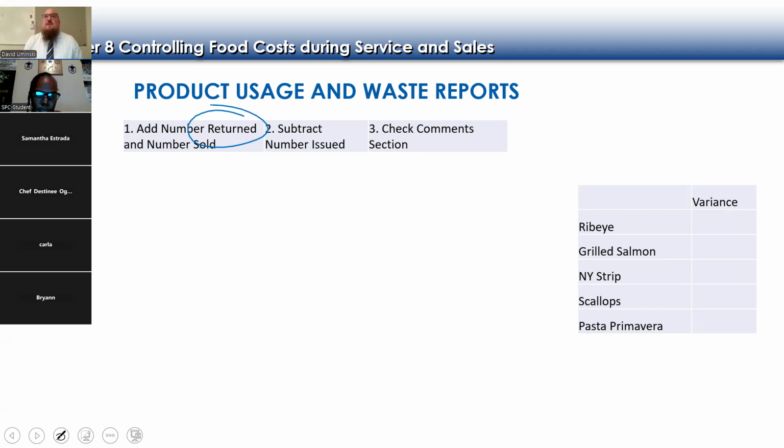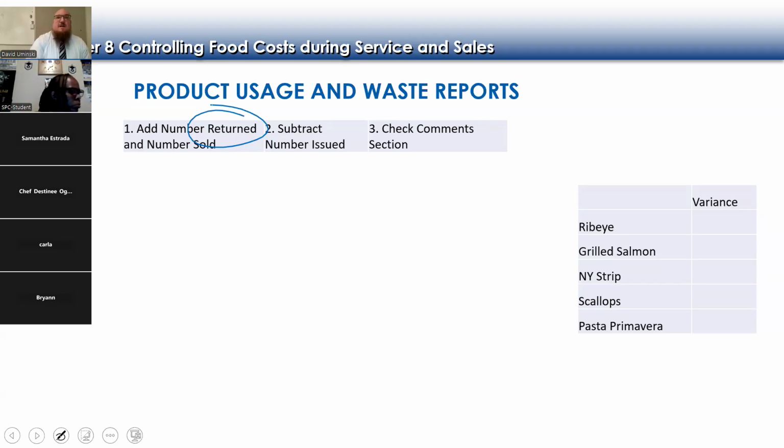This means that we've returned it back into our inventory. So let's say we prepped 50 steaks, we only served 40 of them, so I'm going to return 10 back into inventory. If I can count and see those 10 steaks, what kind of inventory is that? Physical inventory, okay? So that returned is our physical inventory.